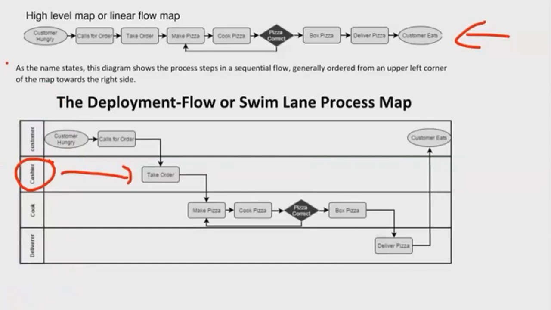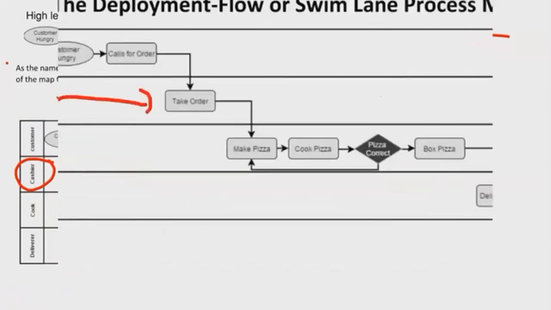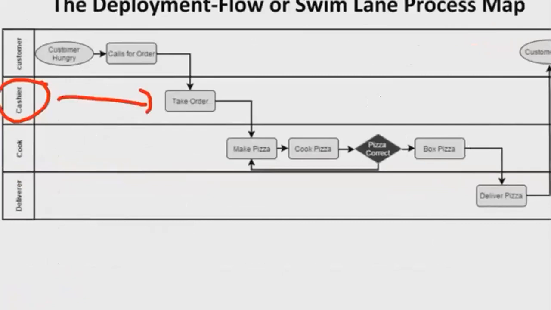But when we actually ask those stakeholders to describe the work that they perform, it's a whole bunch of activities. I'm going to zoom in so that we can see this example play out a little bit more. Originally, when the high-level process map was created, for the cook's activity, we had it as one box called make the pizza. But when we actually interviewed the cook, here's what the cook told us.